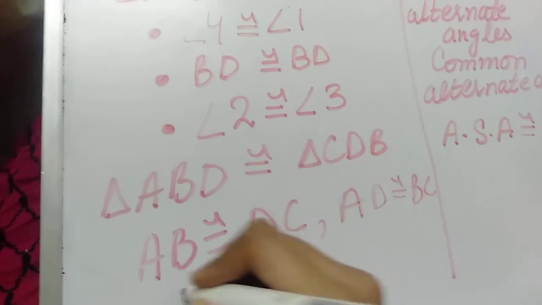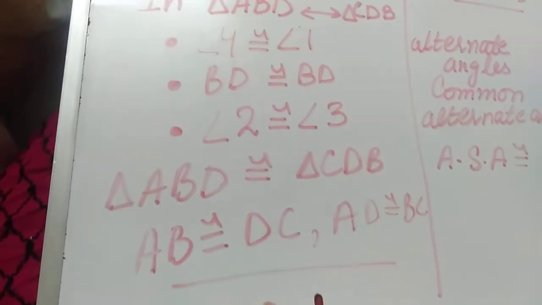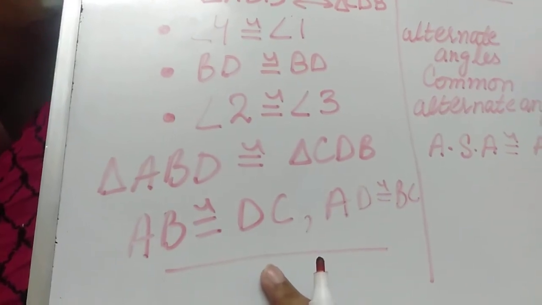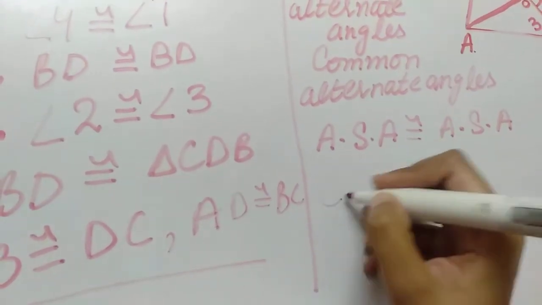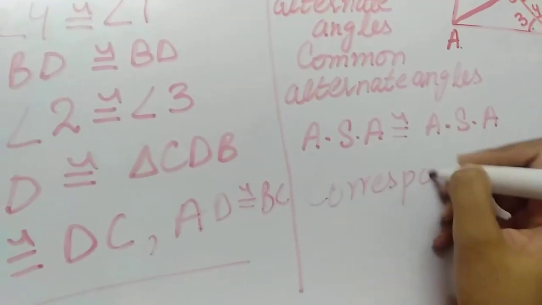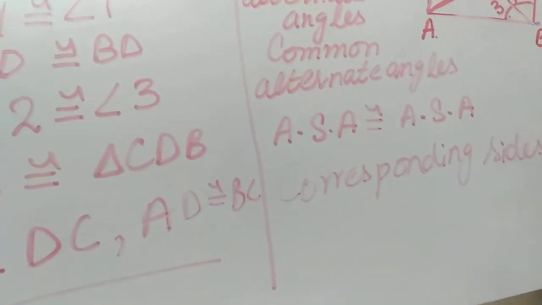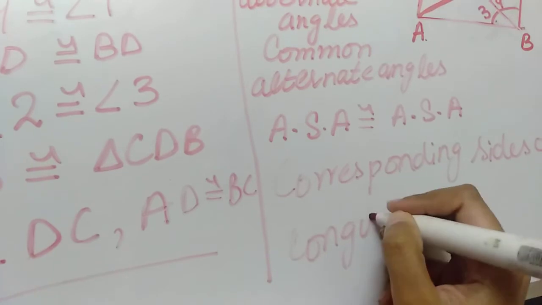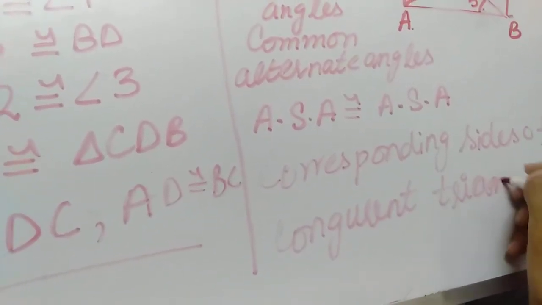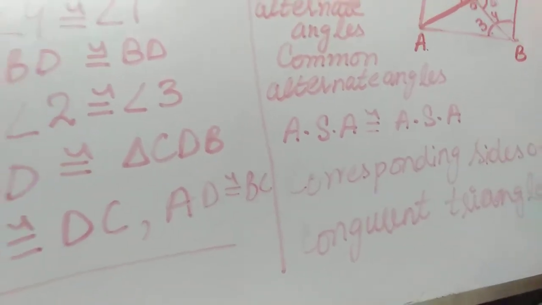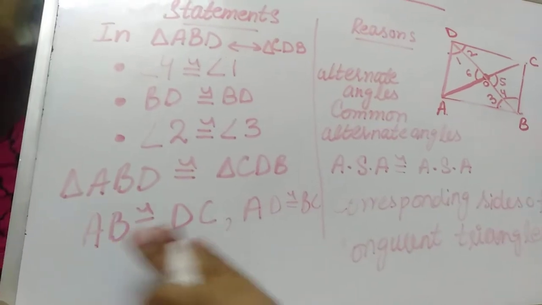These are the parts I have used from these two triangles, and these are also what we have to prove. The reason will be corresponding sides of congruent triangles.